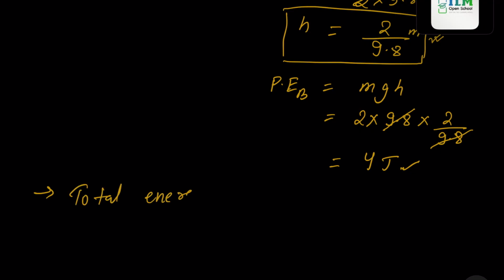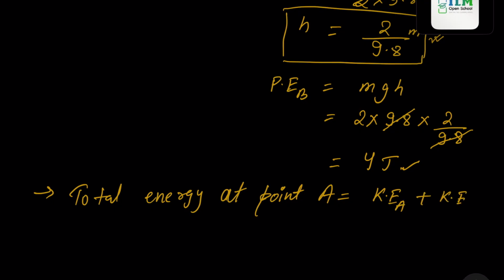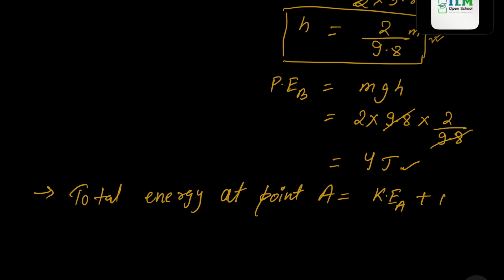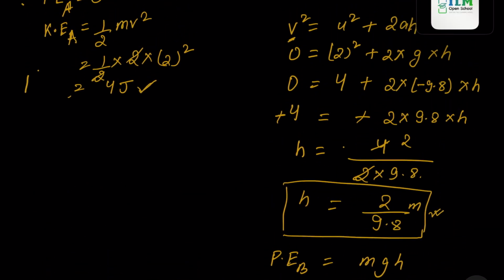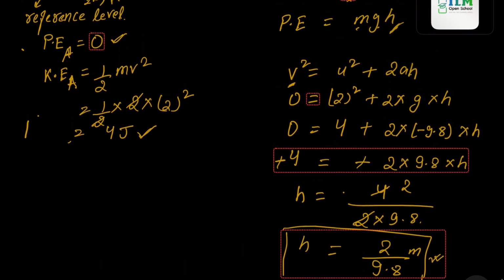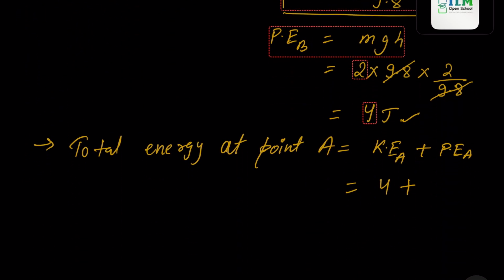If I find out total energy at point A, what will it be? Kinetic energy at A plus potential energy at A. What is kinetic energy at A? 4 joule. What is potential energy at A? 0. So it comes to 4 joule.